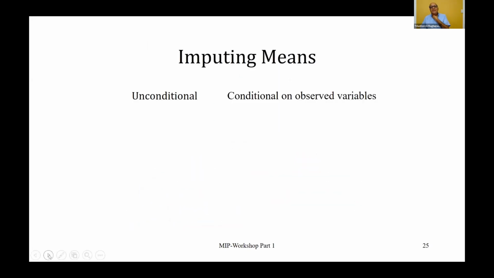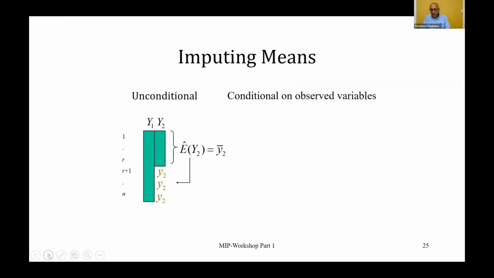Now, imputing means, which I talked about: here's an example where you have two variables, y1 and y2, and the data are missing at random. That means missing values of y2 can depend upon y1. But with unconditional mean imputation, you just plug in the mean, y bar 2. So what's the problem with that?